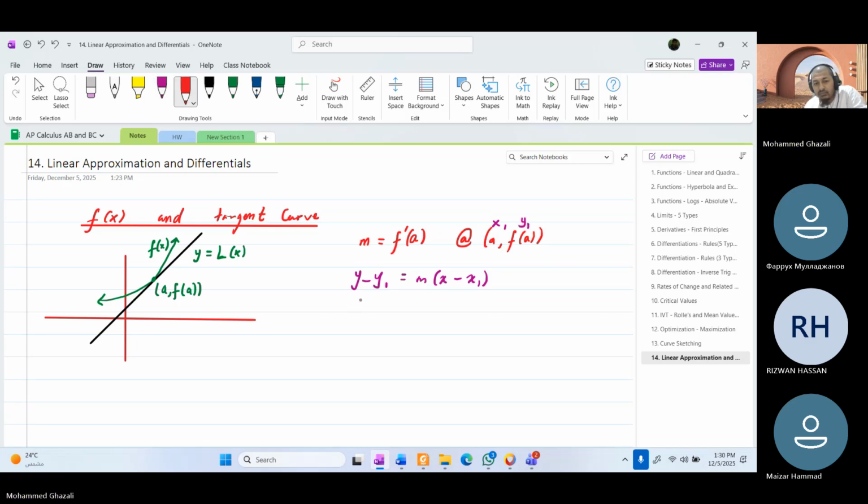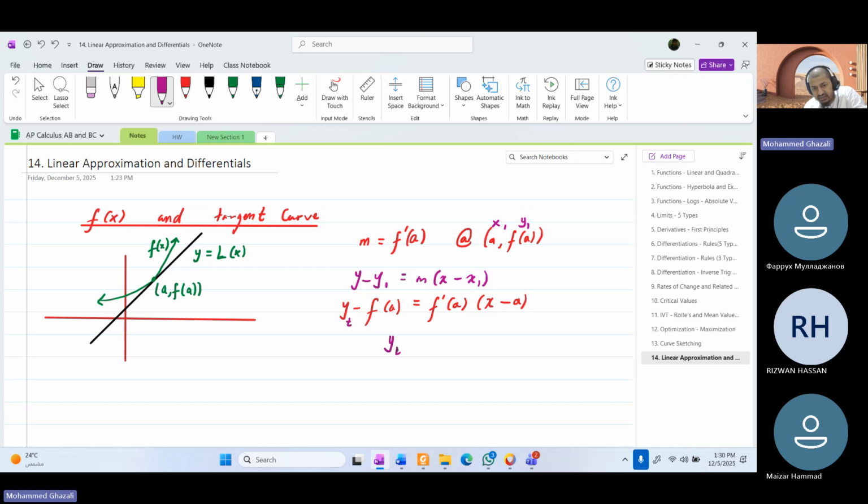Now, y minus y1, which is f of a. The value of m is f prime a, which is the slope, into x minus x1, x minus a. So now if I'm solving for the equation of the tangent line, let's put yt to represent the equation of the tangent line.